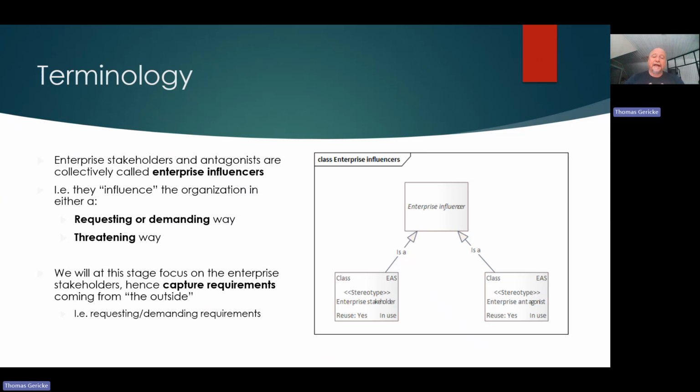If they are on our side, they are requesting and or demanding requirements. And if they are antagonists, they have threats that they will impose on us. We'll return to that later on, but today we will focus on the request and demanding way for the enterprise stakeholders.